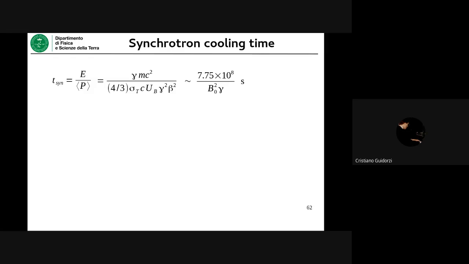In this formula here, the only quantity, B0, is the magnetic field meant to be in Gauss. This is in years instead of seconds. I remind you, 1 year is 3.1 times 10 to the 7 seconds. This is also useful to remember to make calculations.